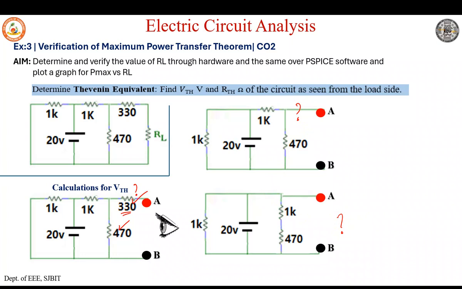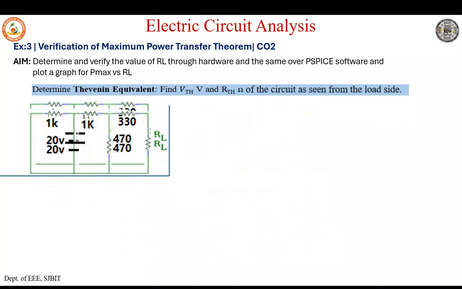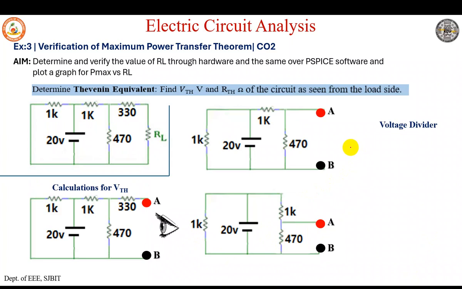The point A was connected between 470 ohms. So now we have to apply the voltage divider. Voltage divider says: I want to find VTH, which is nothing but VAB, which is the main voltage, that is 20, times the same resistance, that is 470, divided by the sum of the resistances, 1K plus 470.